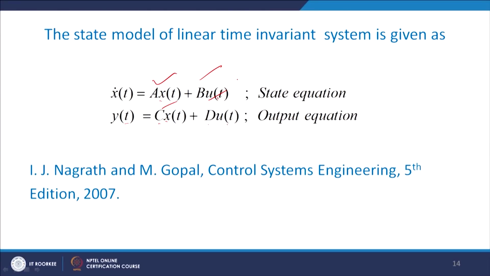In future we will learn the stability issues and performance, and we will see the importance of each matrix A, B, C, D. Right now you only need to understand that this is the state space model and these are the significance of A, B, C, D: A system, B input, C output, D the coupling.